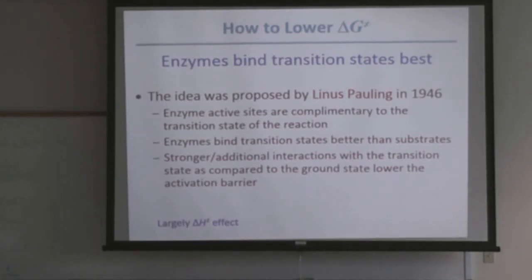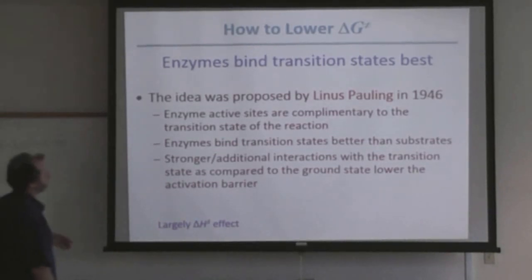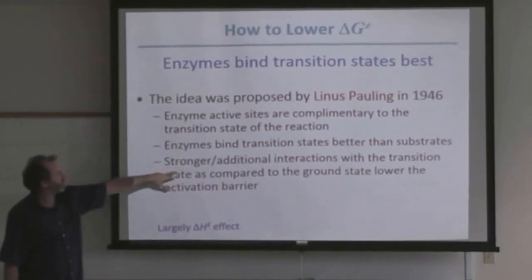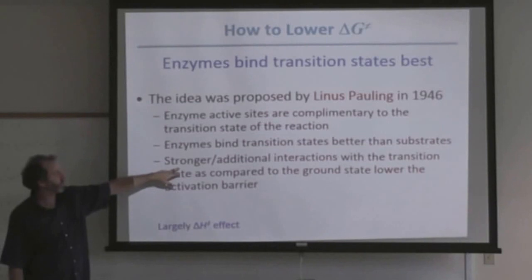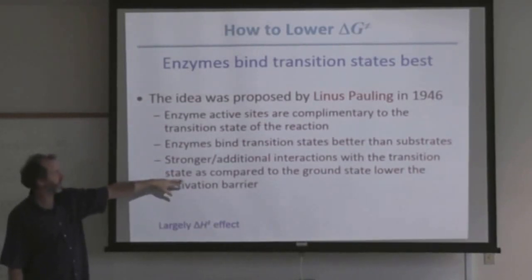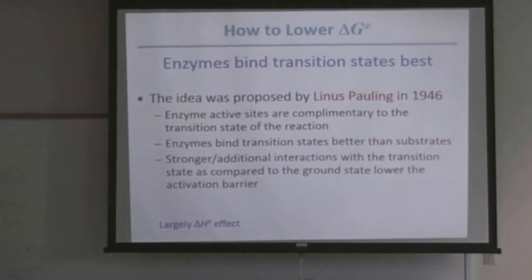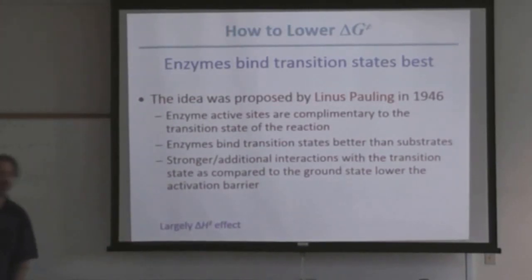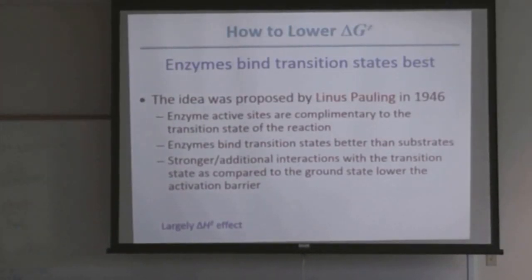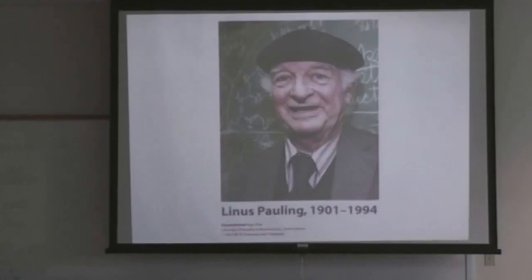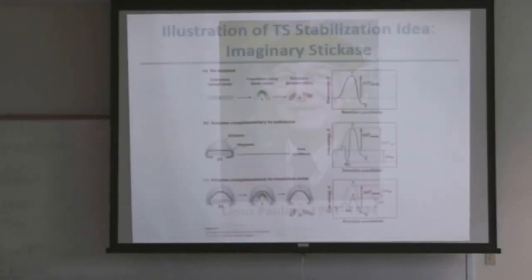Does that make sense? So they bind transition states better than substrates, and stronger additional interactions with the transition state as compared to the ground state lower the activation barrier, and it's largely a free energy change of the transition state. This is Linus Pauling.